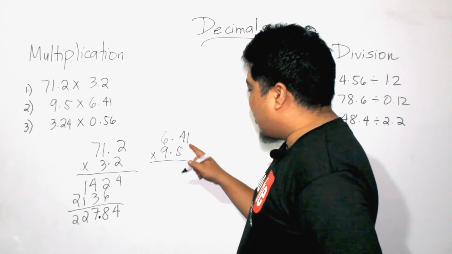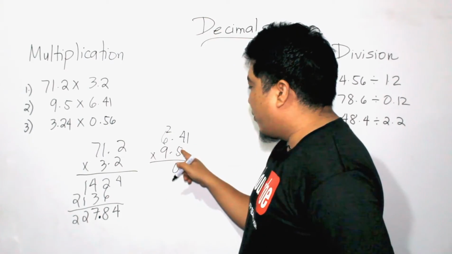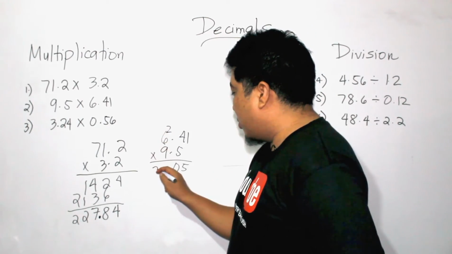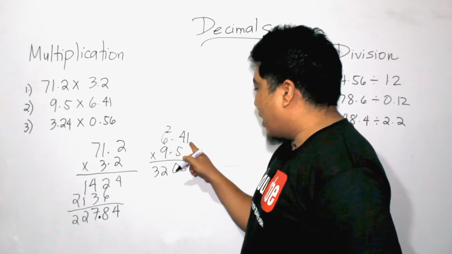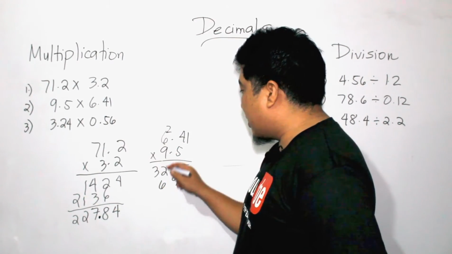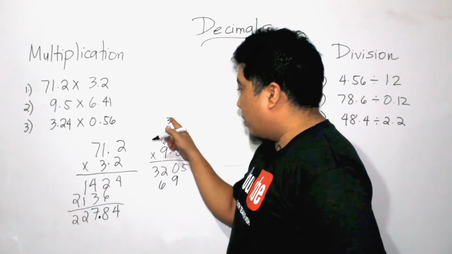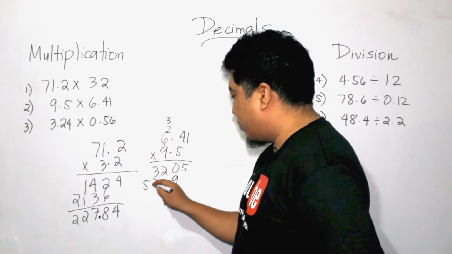Okay, so 5 times 1, that is 5. 5 times 4, that is 20. Carry 2. 5 times 6, 30, plus 2, that is 32. 9 times 1, that is 9. 9 times 4, that is 36. Carry 3. 9 times 6, that is 54 plus 3, 57.